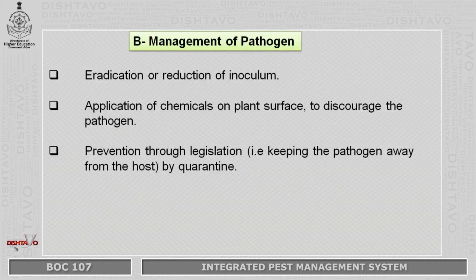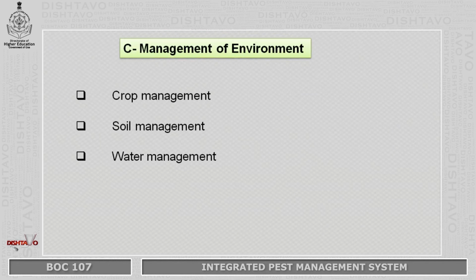Now this is stopped from being carried or transported to other regions or other countries. In such a way, we prevent the spread of the pathogen. Next, we have management of the environment. Here, crop management and soil management, that is soil fertility, fumigation, and irrigation, that is water management, are done.